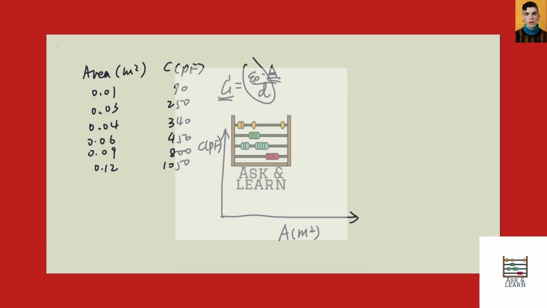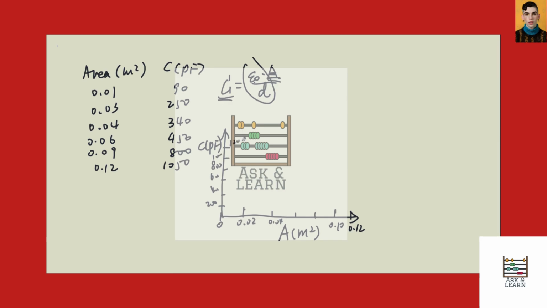And then you use the appropriate unit, say 0, 0.02, 0.04, 0.08, 0.10, 0.12. Capacitance ranges to 1,000, so I just do 200, 400, 600, 800, 1,000, and 1,200.